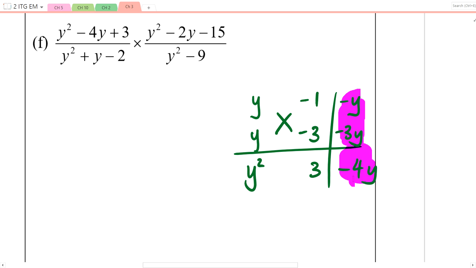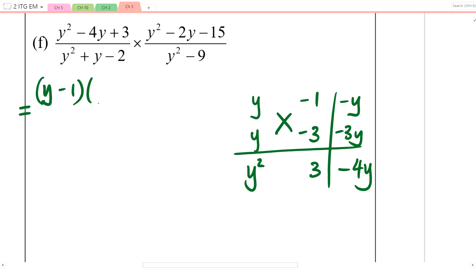Yeah, it is correct. So now I have managed to factorize my numerator. So on this side, we have equals to y minus 1 multiplied by y minus 3. That is my numerator. I've got a denominator to handle now.